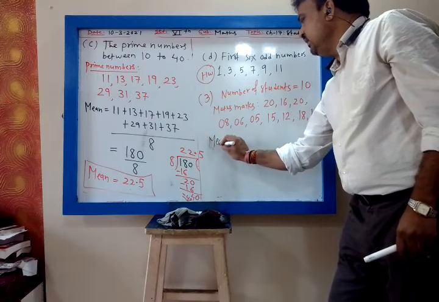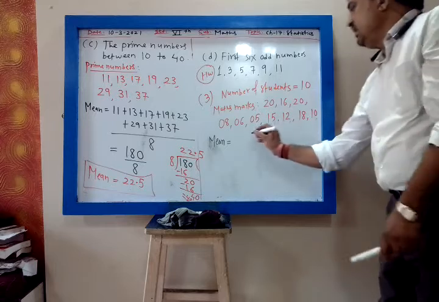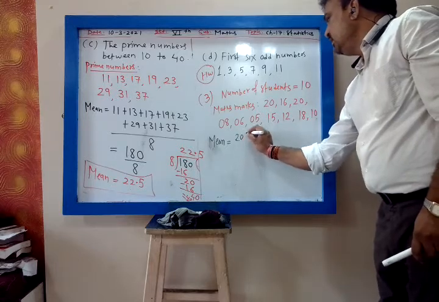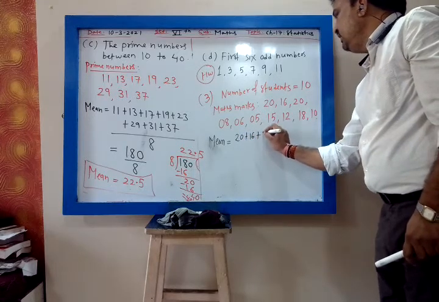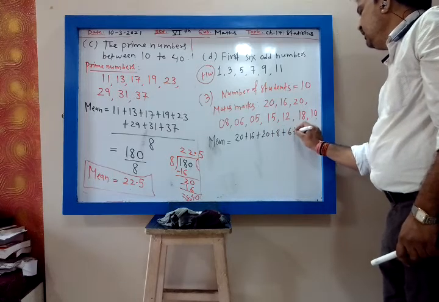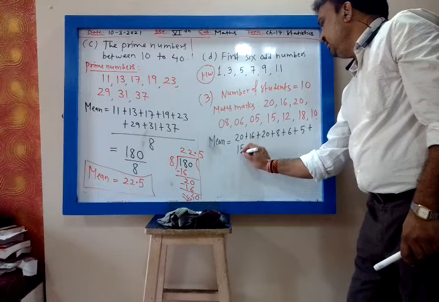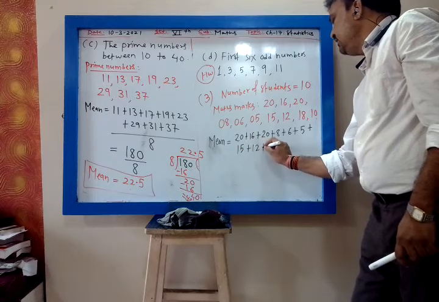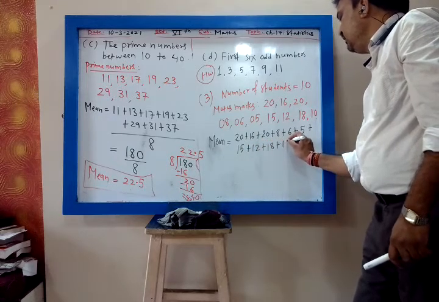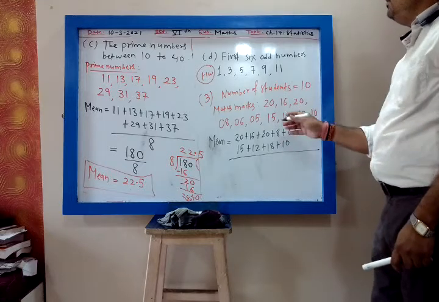To calculate mean, I will add all the marks. That is 20 plus 16 plus 20 plus 8 plus 6 plus 5 plus 15 plus 12 plus 18 plus 10. Divide this total by total number of values given.